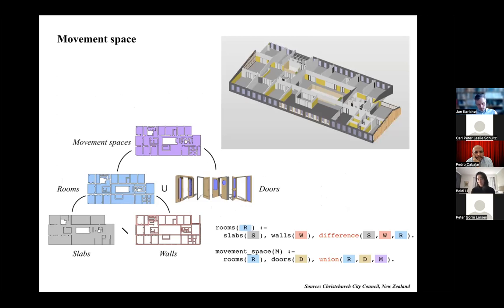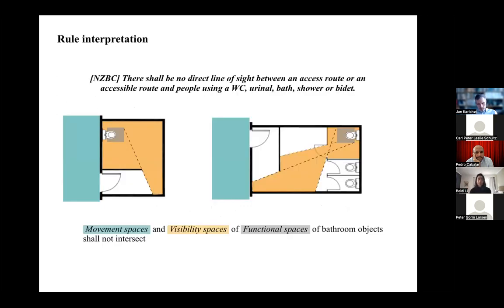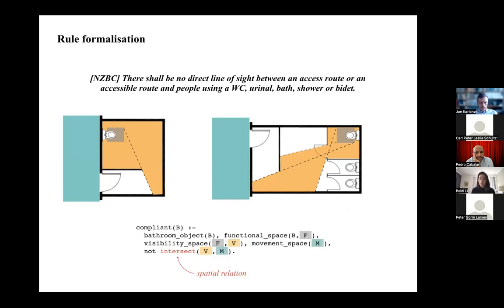First we take the difference between all slabs and all walls, which gives us topologically disconnected rooms, and we then connect those rooms by transitional objects such as doors, which gives us movement spaces. So this rule is eventually interpreted as: movement spaces and visible spaces should not intersect, formally expressed with a spatial predicate called intersect, which will be integrated into ASP for BIM.